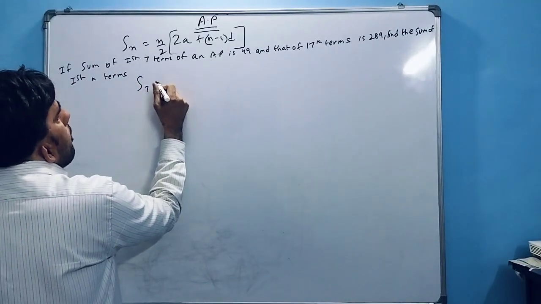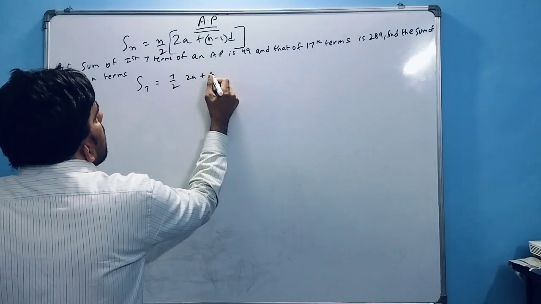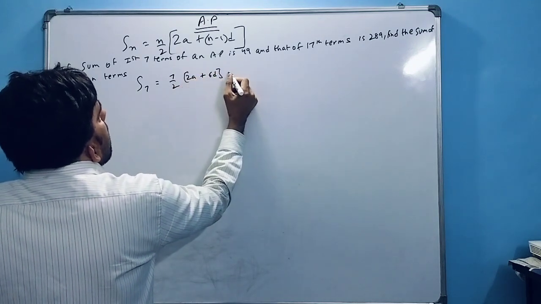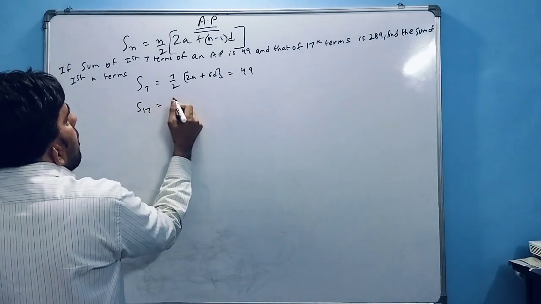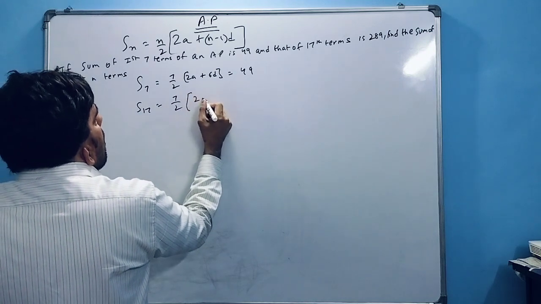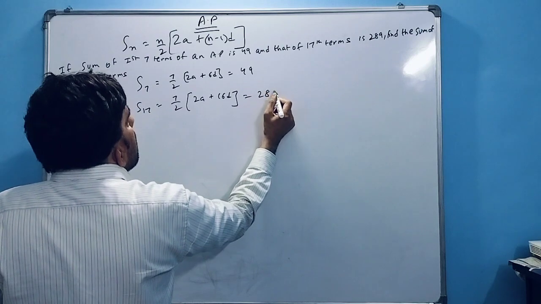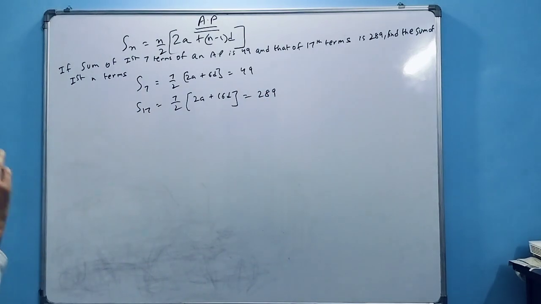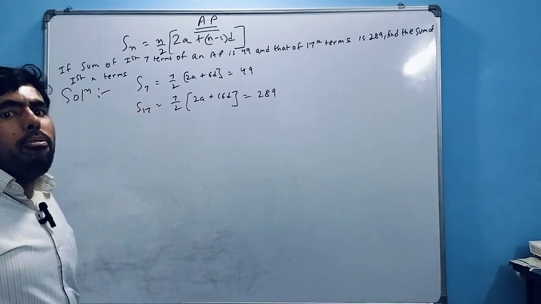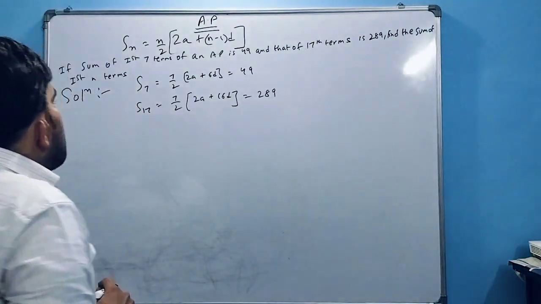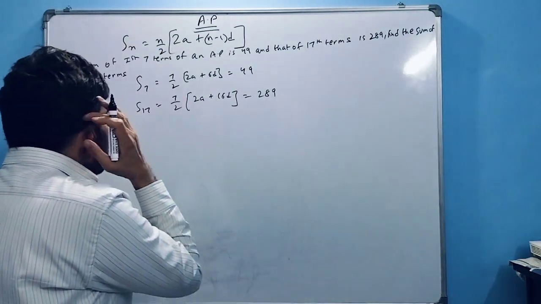They have given S7, that is 7 by 2 (2a + 6d) is equal to 49, and next they have given S17, that is 17 by 2 (2a + 16d) is equal to 289. These two things are given, and what we need to find is the sum of first n terms. Okay, so let us see.